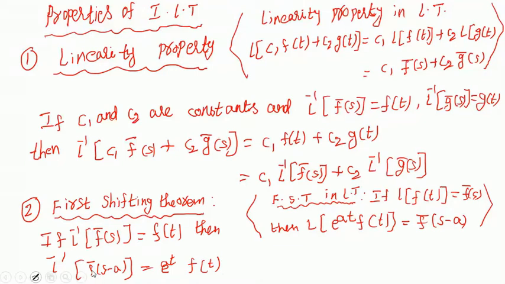Here the function is in the form of f bar of s minus a. If we have minus a, first we write e power at, then the remaining term is L inverse of f bar of s, which is nothing but f of t.